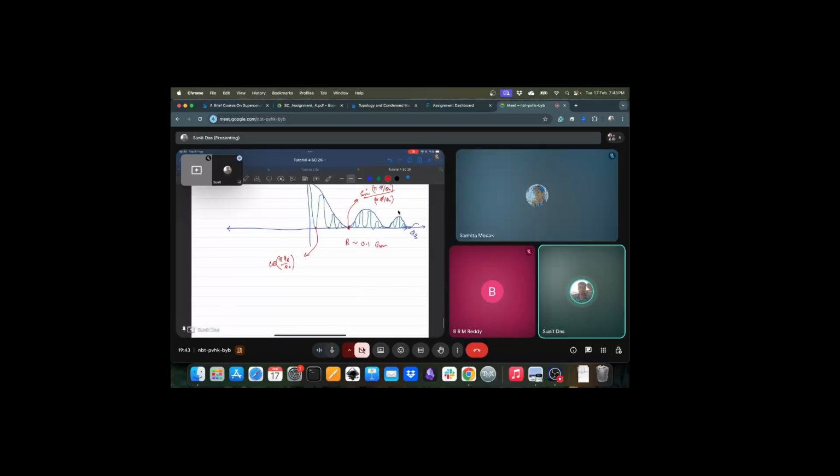And if you just roughly do the calculation, these nodal points actually correspond to a magnetic field of 10 to the power minus 8 Gauss.